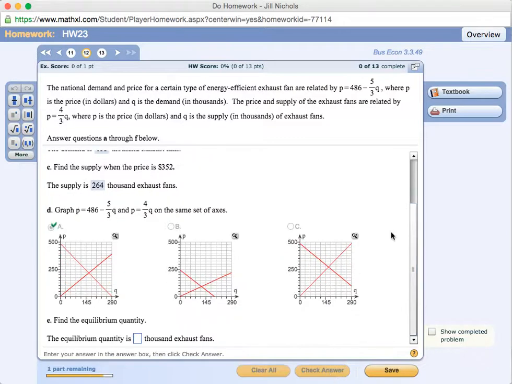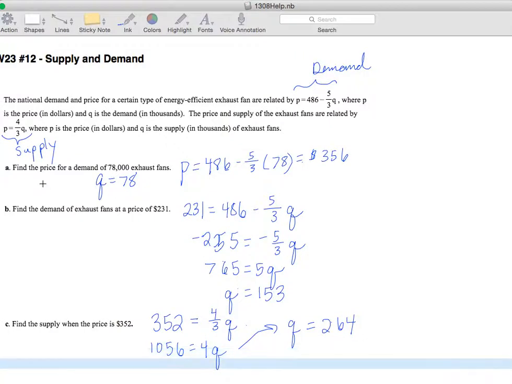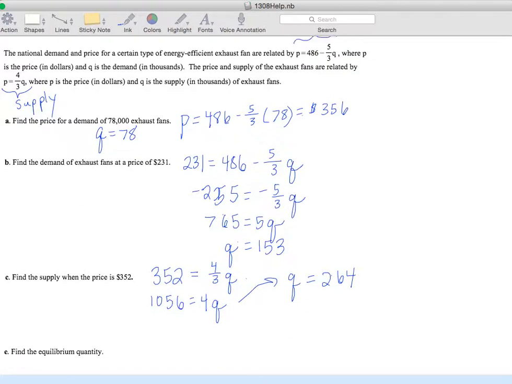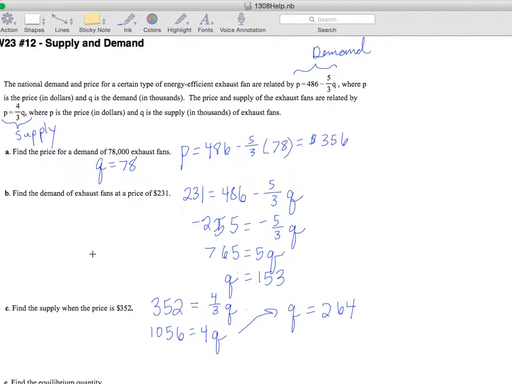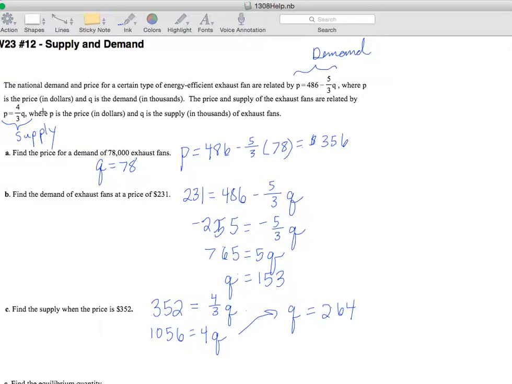Okay, then equilibrium quantity. We'll find equilibrium quantity and equilibrium price. Equilibrium quantity and equilibrium price both occur when the price and the quantity are the same. So I'm going to set these two P's equal.